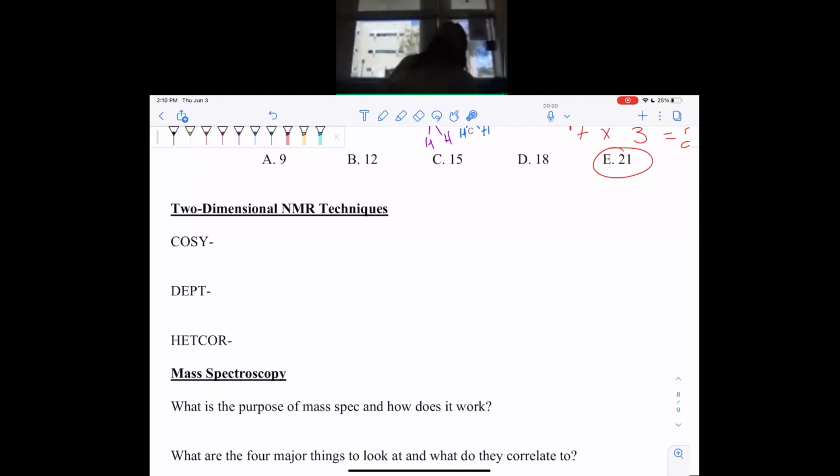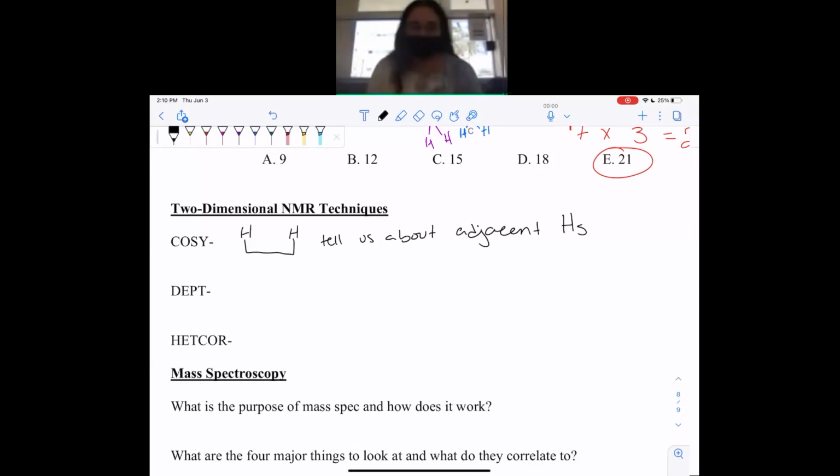So COSY is telling us more information about hydrogens that are adjacent. So it's going to tell us about proton to proton, yes.